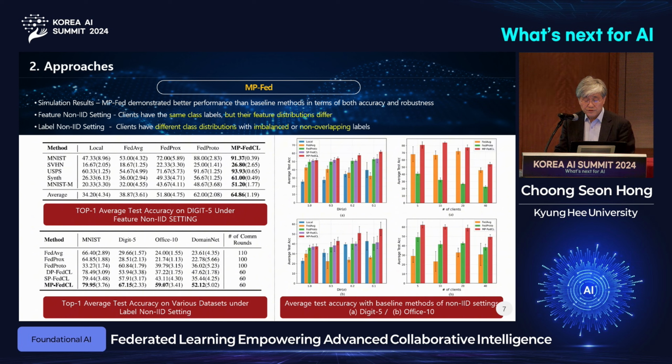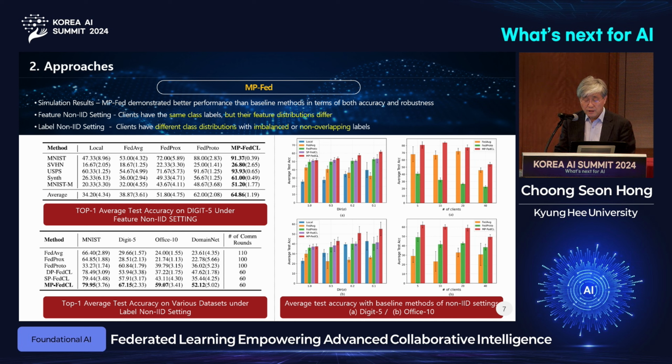In the feature non-IID setting, MP-FedCL achieved the highest top-1 average test accuracy on the Digit-5 dataset, outperforming all the baseline methods. In the label non-IID setting, MP-FedCL again delivered superior top-1 average test accuracy across various datasets compared to the baselines.